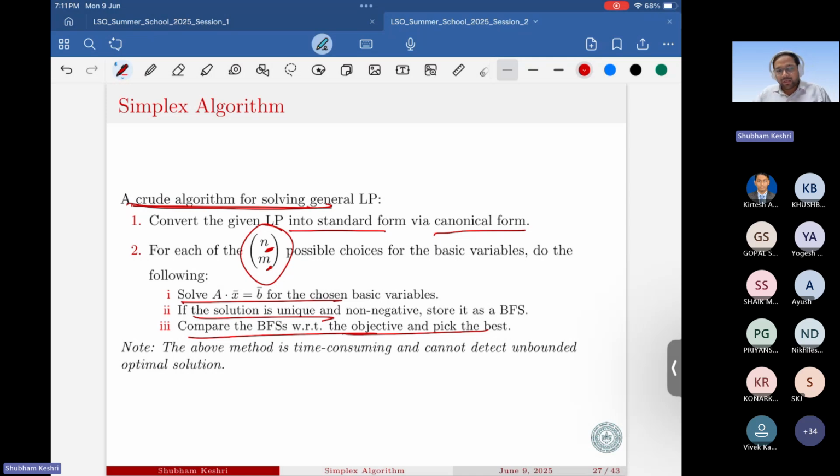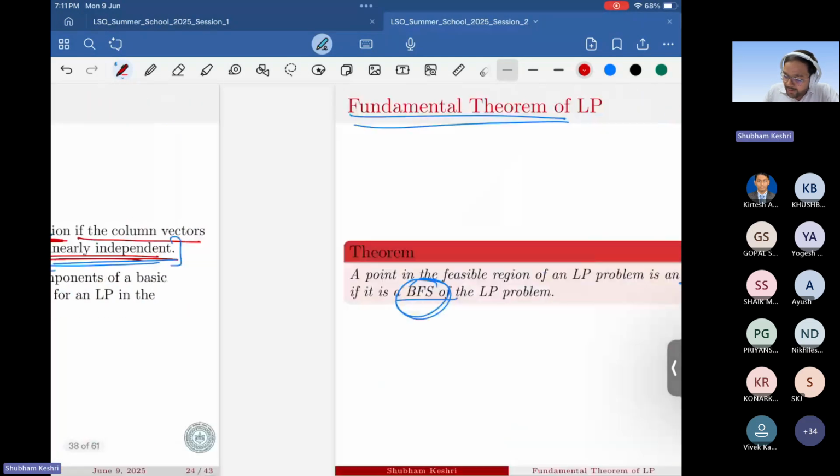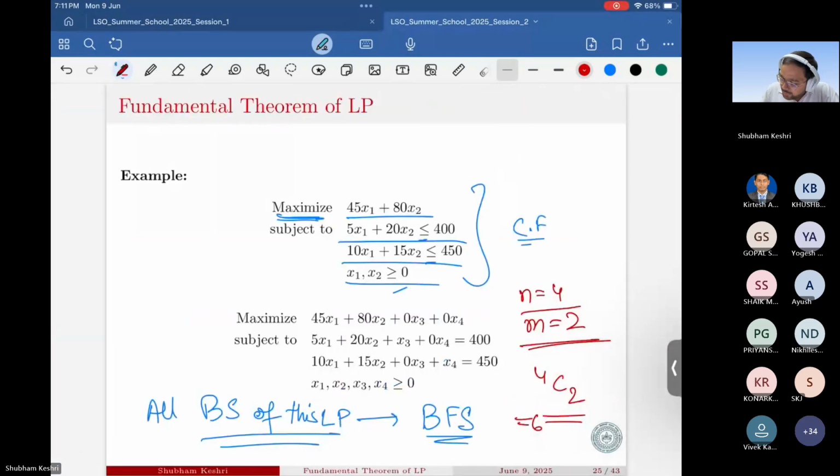So I will repeat again. I know I have talked a lot. The idea is, if you have an LP, there can be n choose m choices you can make for basic variables. What is a basic variable? Over here, from 4 variables, you are choosing 2. So you can make only 2 variables as non-zero.